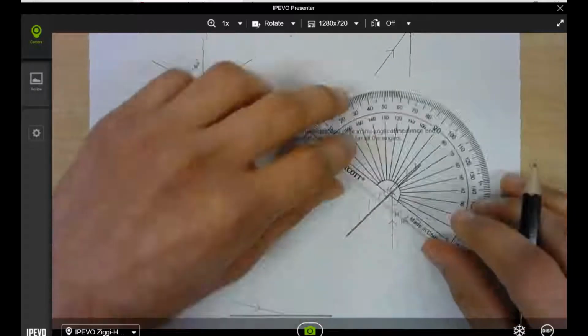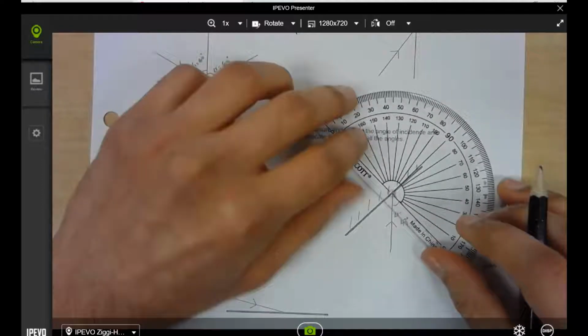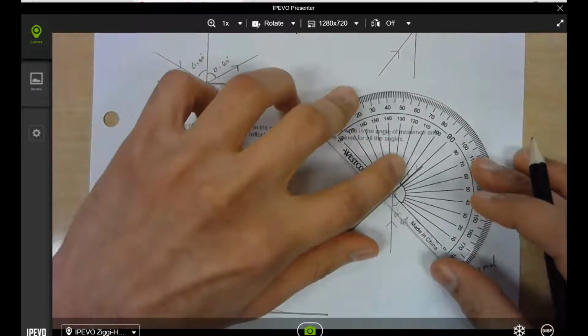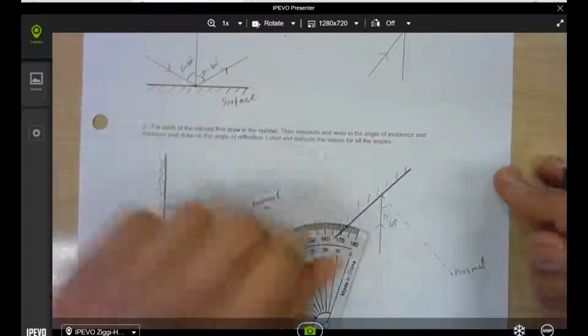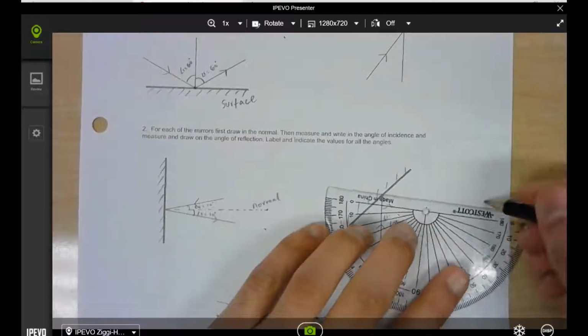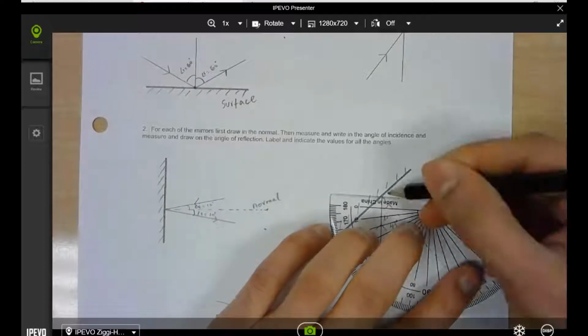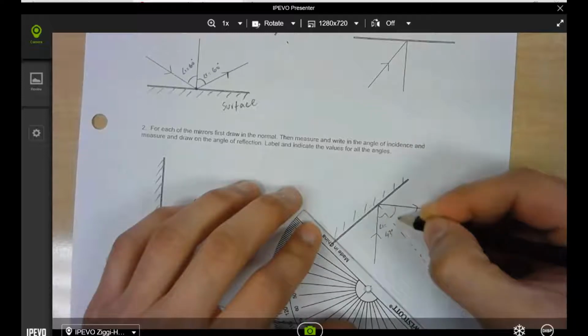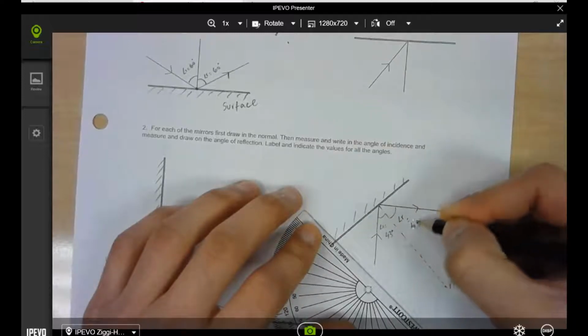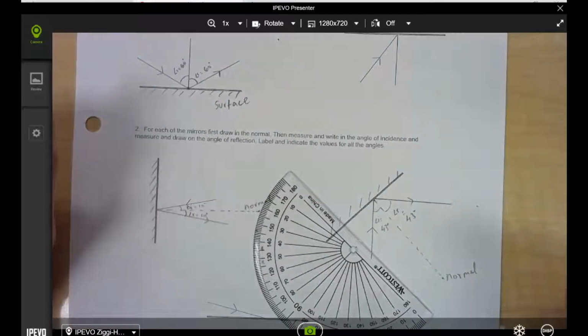So you turn your protractor around, measure another 43 degrees, somewhere over there. I'm going to connect those two. Like so. So this is law of reflection applied.